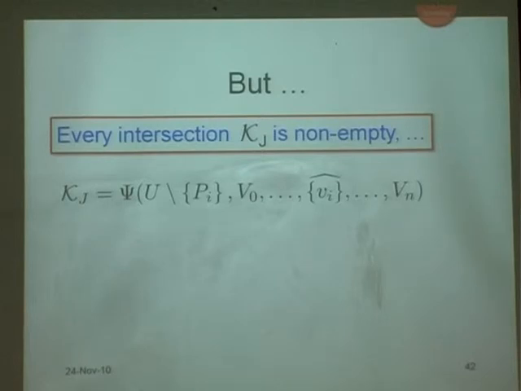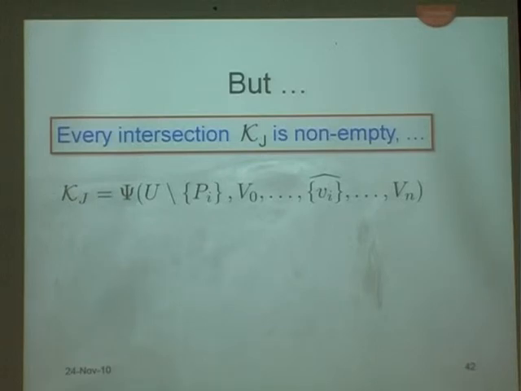But remember, a simplex is in the nerve complex if the covers intersect. But we've shown that every possible intersection of these, the k sub j's, is non-empty. So that says that every set of vertices in the nerve is a simplex of the nerve.